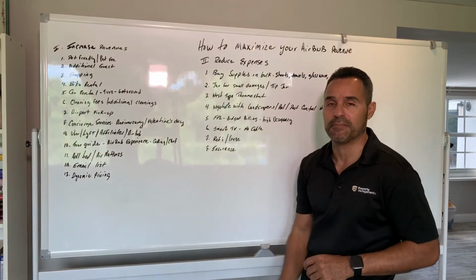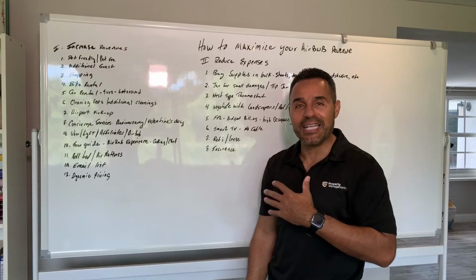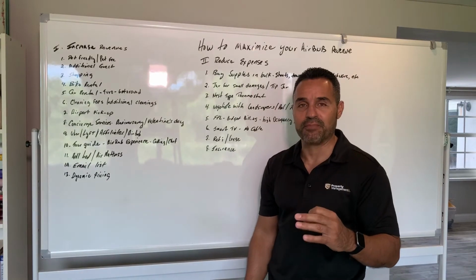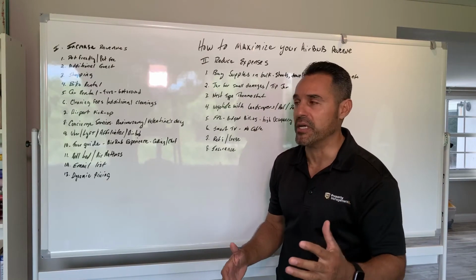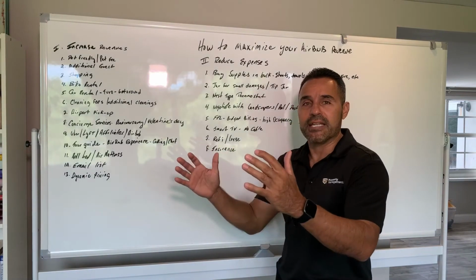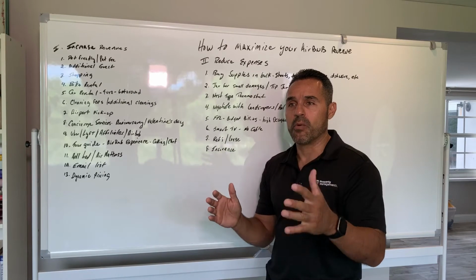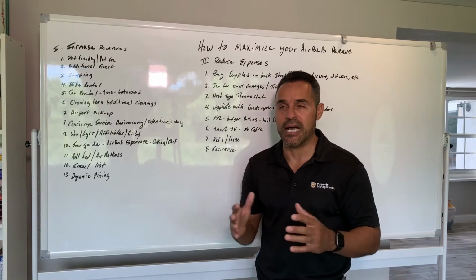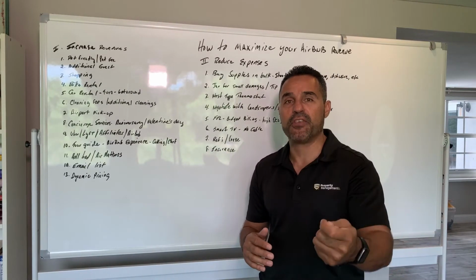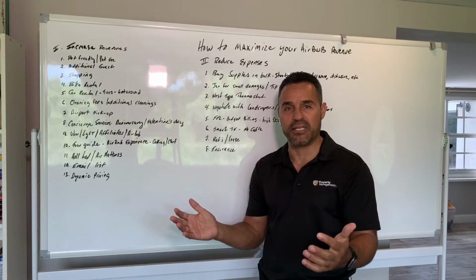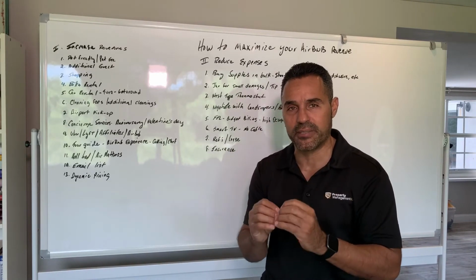So buy in bulk. Number two, I stole this from restaurants, right? Restaurants, bars, etc. Create a tip jar, and here's why that's important. Number one, some guests, not a lot, but some guests will give you a tip at the end of their stay, especially if they had a very good experience, right?